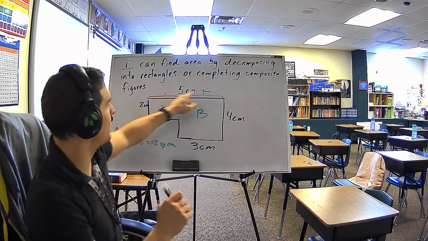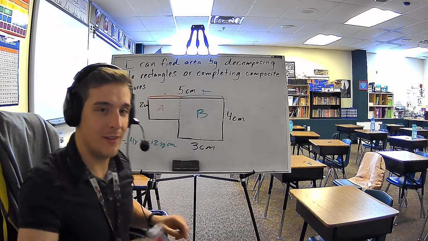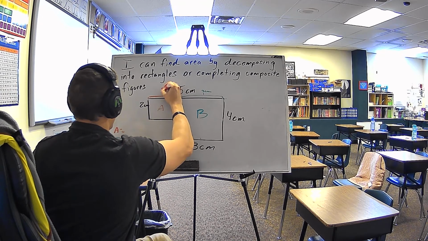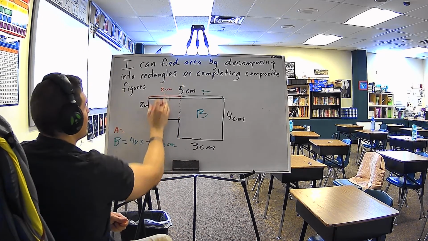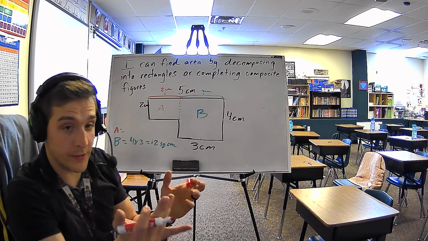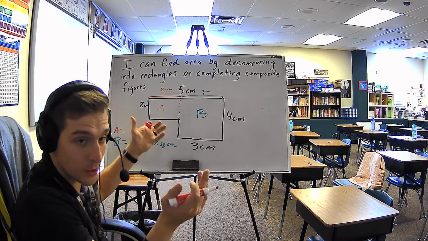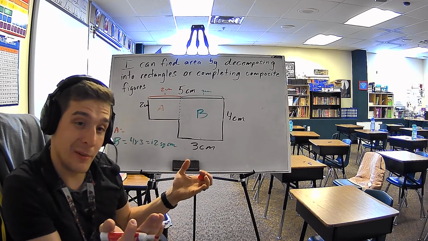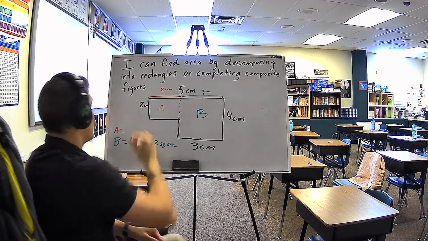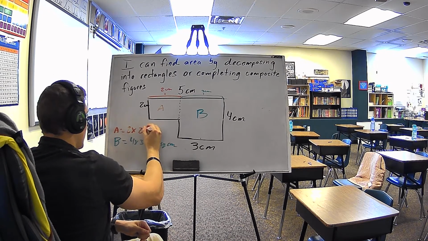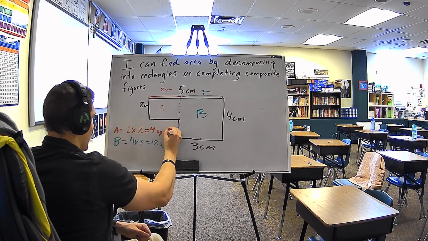So what plus 3 equals 5? 2 centimeters. If I had drawn this perfectly, this should be showing itself as a perfect square, but sometimes your drawings aren't going to be perfect, so run off those numbers. So this would be 2 times 2, which gives 4 square centimeters.